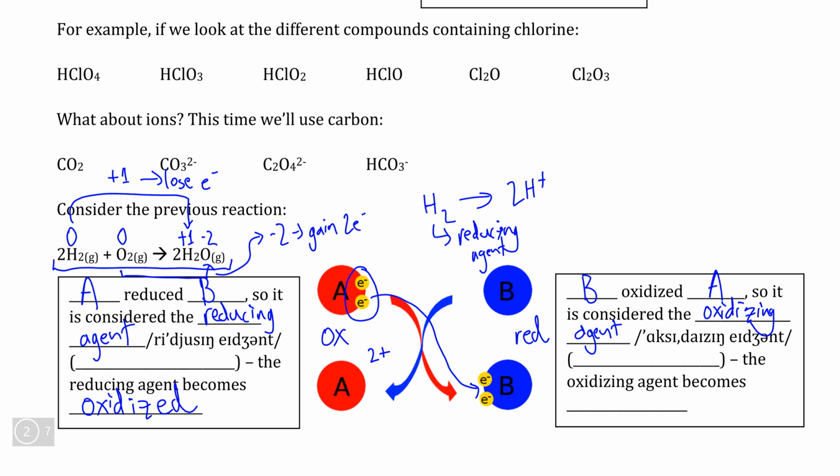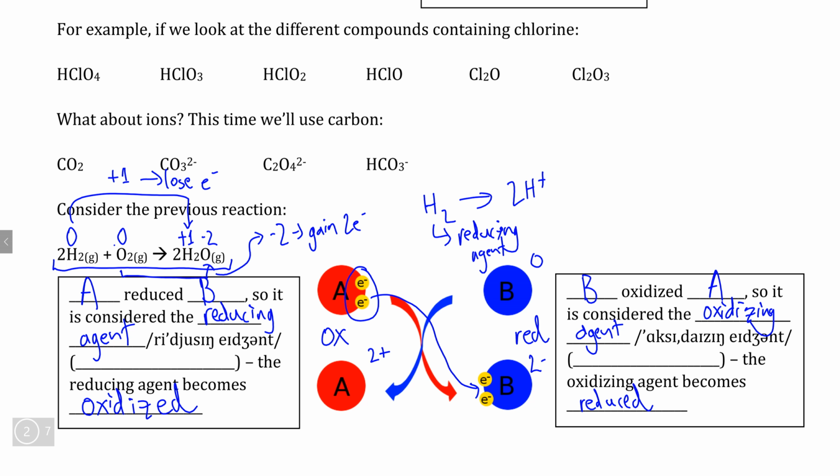Because again, B takes away the electrons from A, and as B gains 2 electrons, it is going to have a -2 charge, and because we're going from a charge of 0 to a charge of -2, B, the oxidizing agent, becomes reduced. So when we look at this in our actual reaction with water, we know that oxygen is taking away the electrons from hydrogen, therefore causing hydrogen to become oxidized.